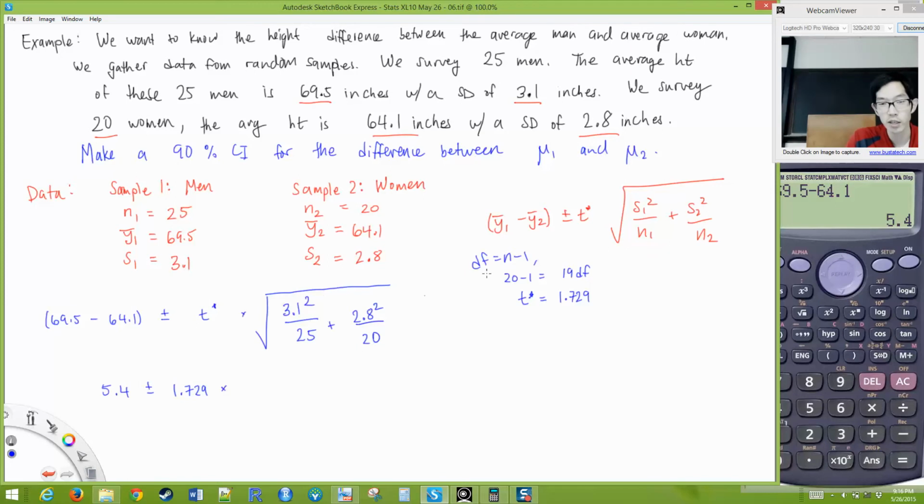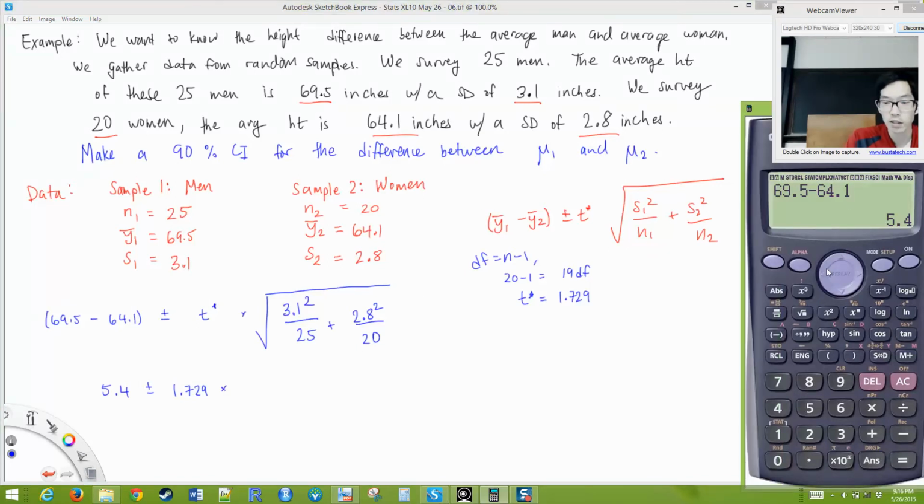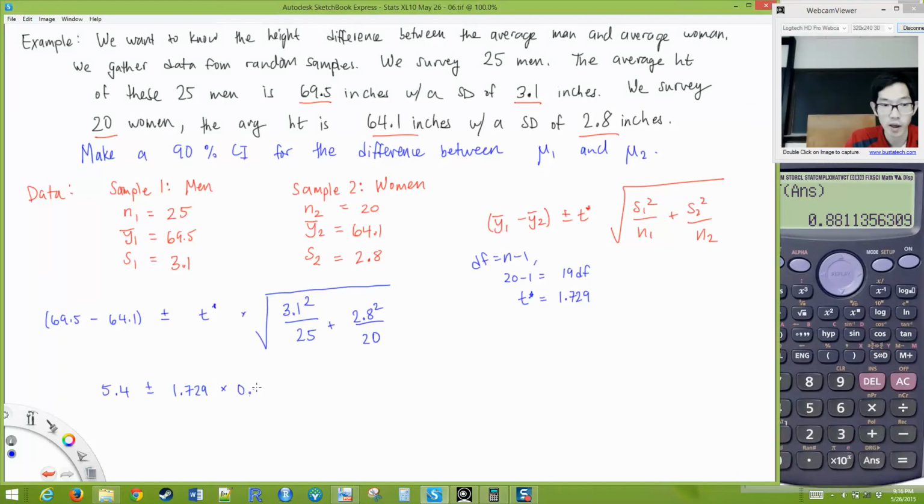So it's 3.1 squared divided by 25 plus 2.8 squared divided by 20, and then I take the square root of that, and I get 0.8811.